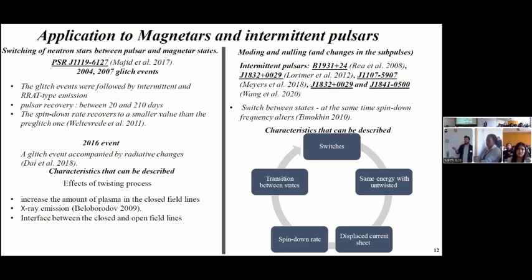Of course, there's an interface between the closed and open field lines, because the enlargement of the polar cap leads to gaps and likely to pair creation.